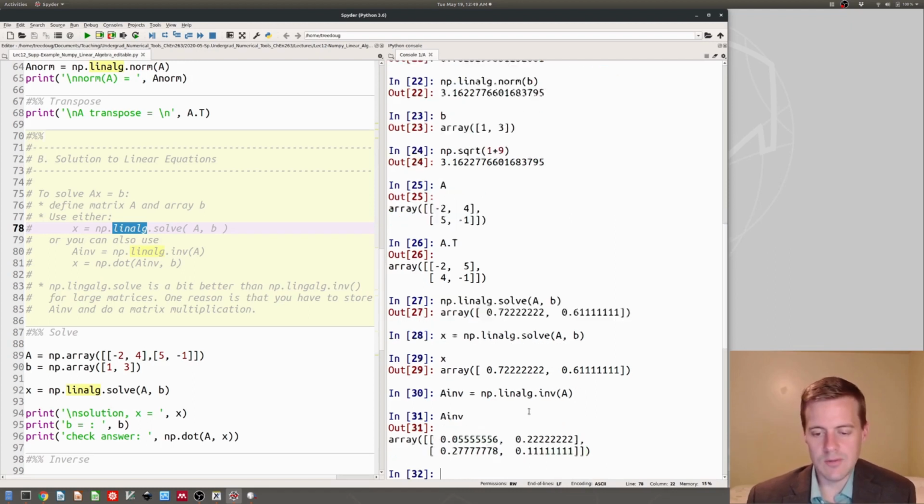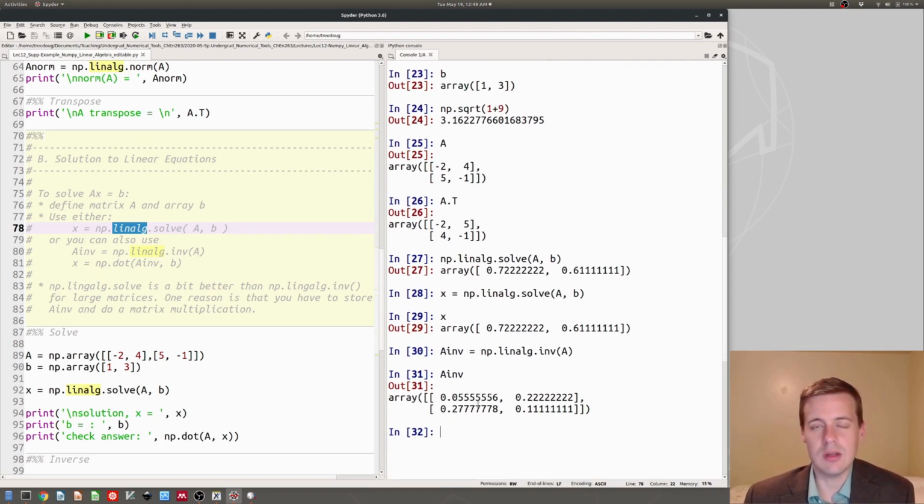Then A inverse is now an inverse matrix, which if you recall, if I have Ax equals b, then x is equal to A inverse times b, where there's a dot product here.